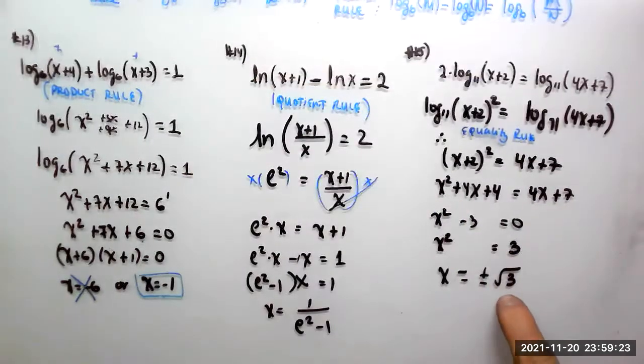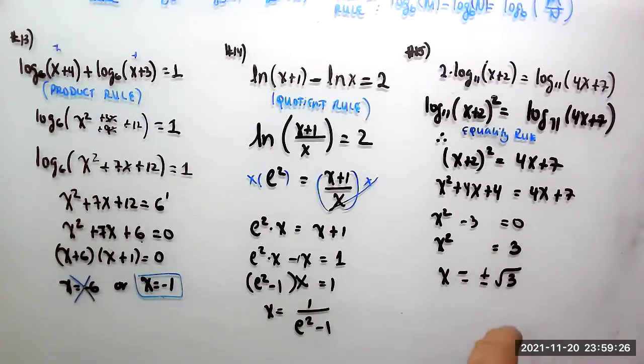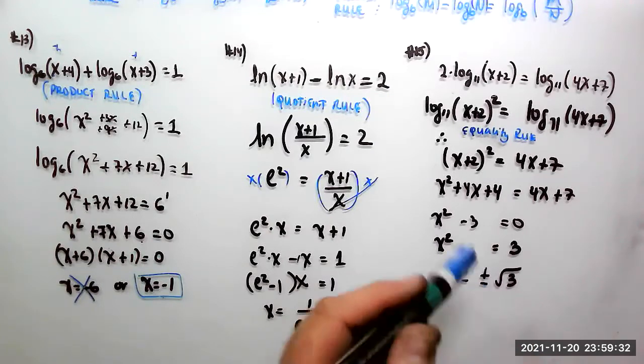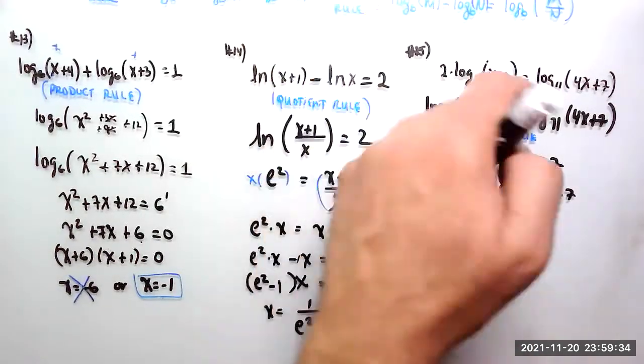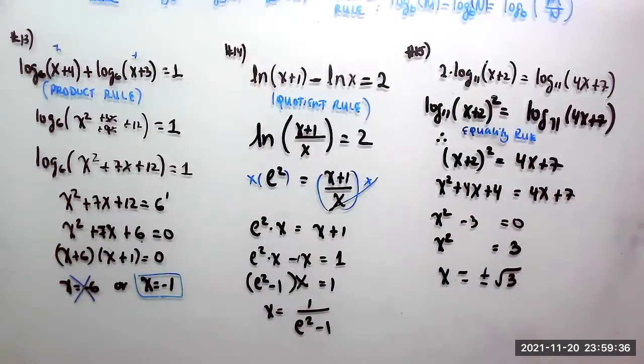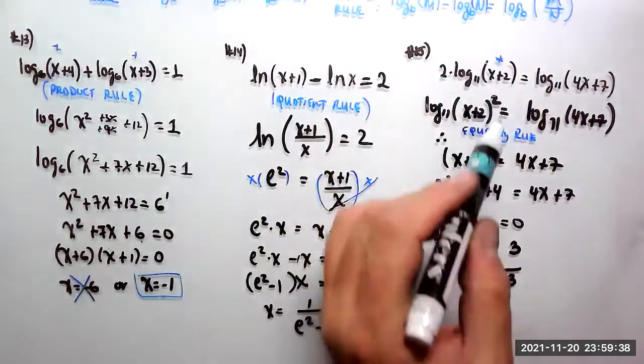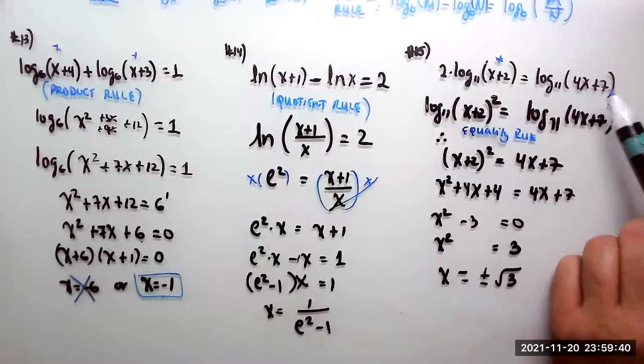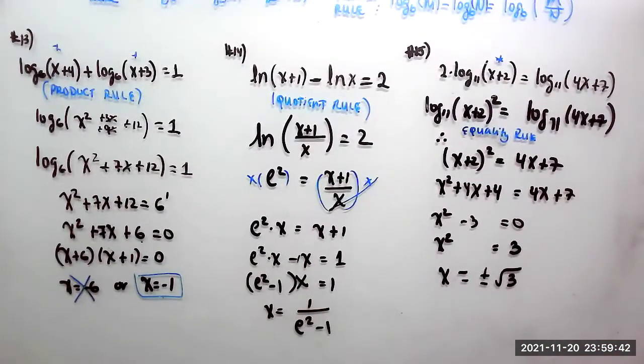Remember the square root of 3, as I said, is 1 point something, it's less than 2. Of course, the square root of 4 is 2, so the square root of 3 has to be less than 2. When I have 2 minus radical 3, that's still positive.